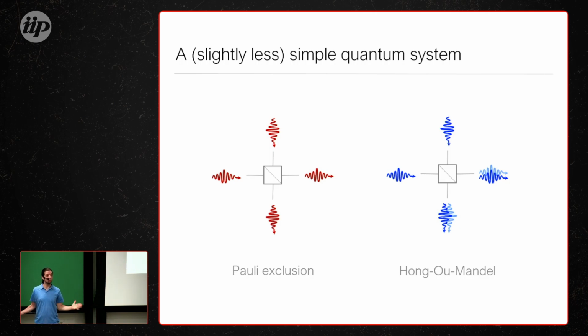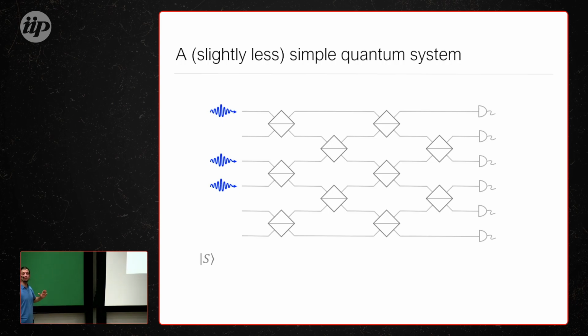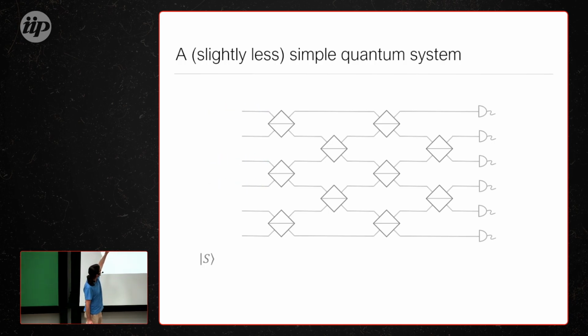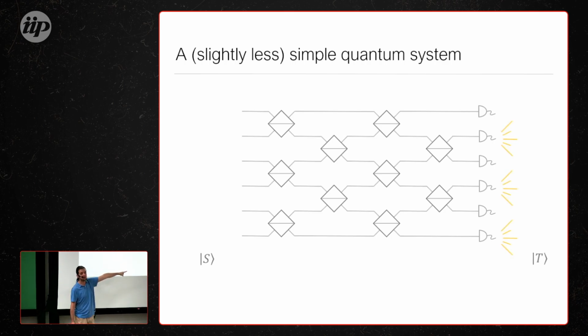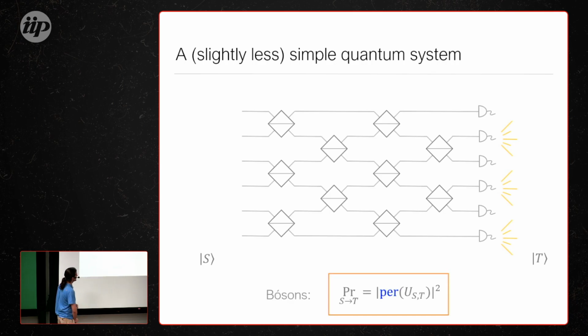Now let's scale this up even more. Let's look at a very big experiment where you have a bunch of these bosons, and they're going to pass through a very complicated circuit made out of these individual elements, these beam splitters. What you can show is that if you have some input state S, and they propagate here, and you detect at the end where they arrived, so you're measuring the Fock basis, so you want to know where each boson ended up, and that's some state T, the probability that this happens is always given by the permanent of some matrix.